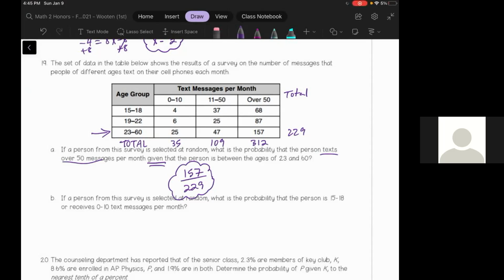Let me add up across as well. 41 and 68 is 109. Adding across: 625, 31, 118, and then 356, I believe. Double check that works out. No, not 356, excuse me, 456.